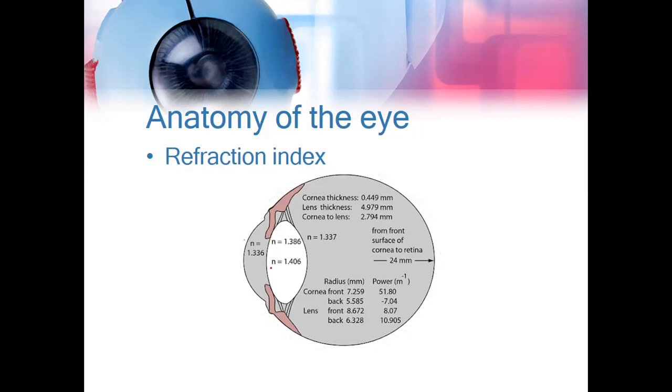Okay, so even though the cornea does not get any blood from any vessel, the cornea is highly innervated through the ophthalmic branch of the fifth cranial nerve.